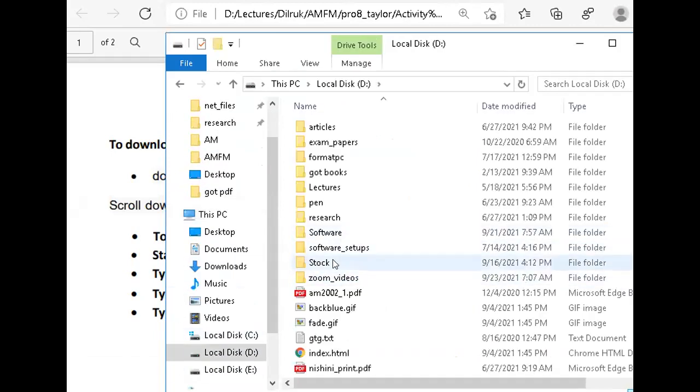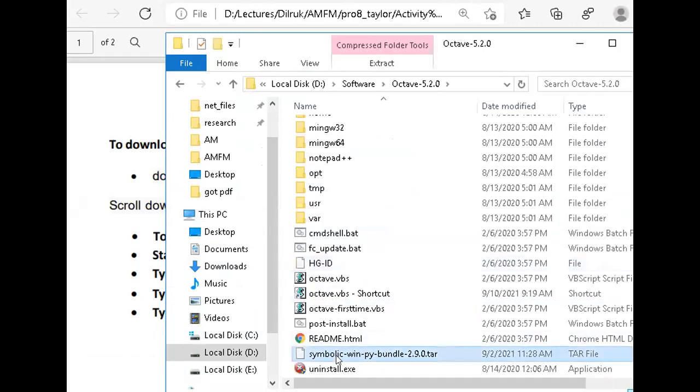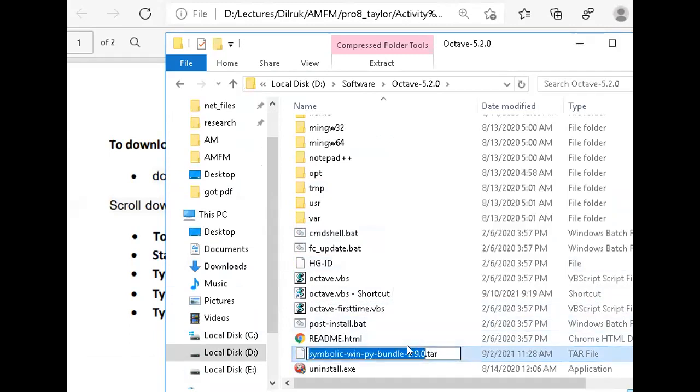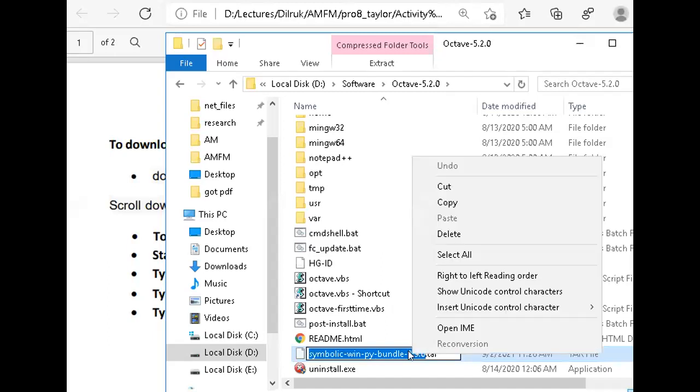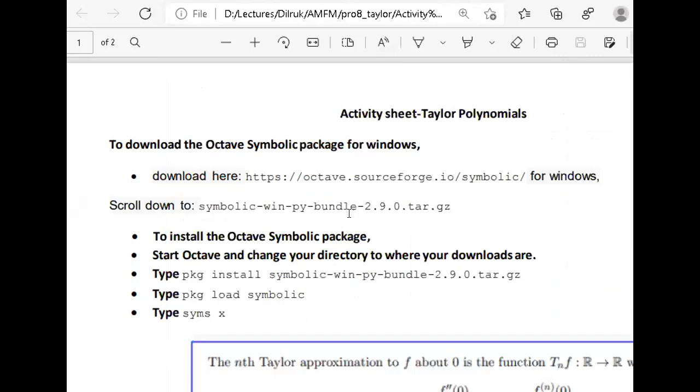You can take this name, copy this name with this extension. I copied that name, or you can copy this one here. Install package.